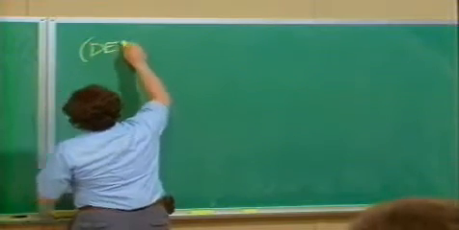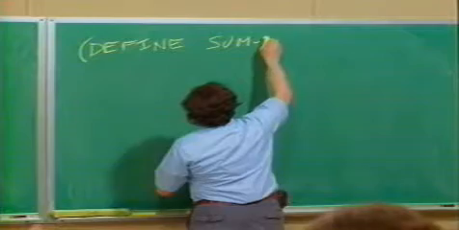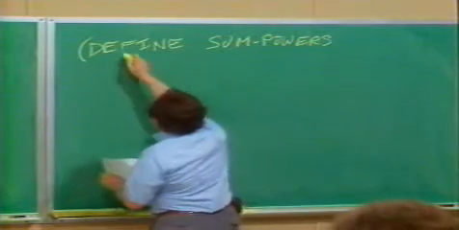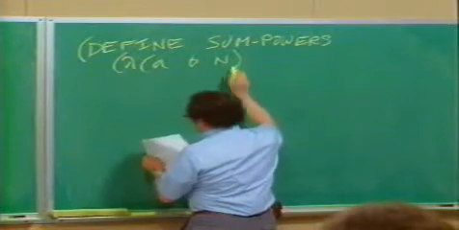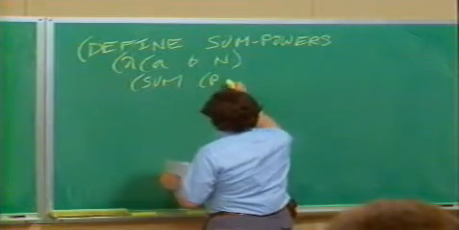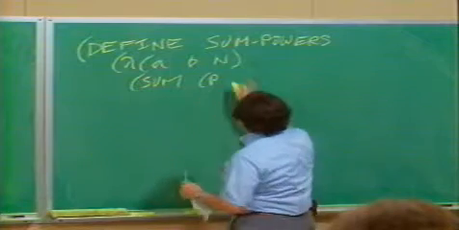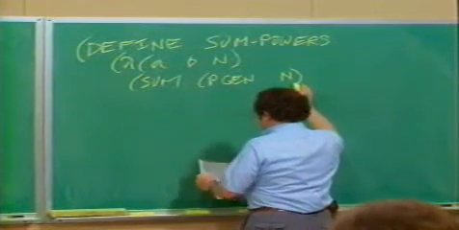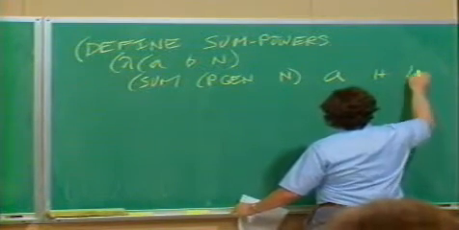I can define sum powers to be a procedure, again, of a, b, and n, which is the sum of the term function generated by using this generator, pgen n, with a, the incrementer, and b.